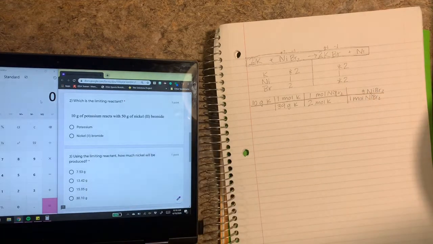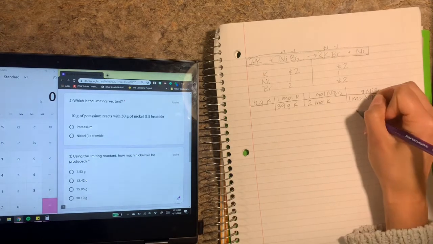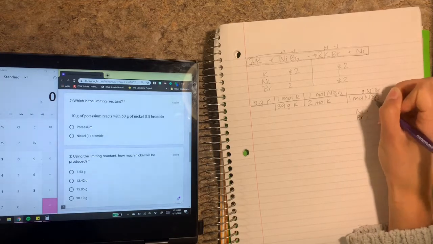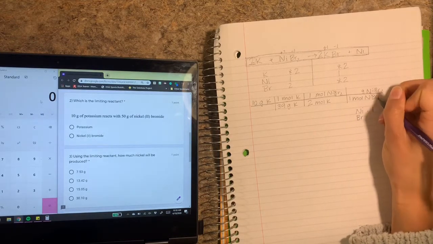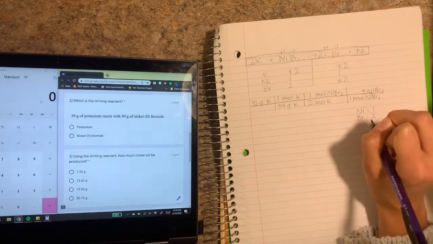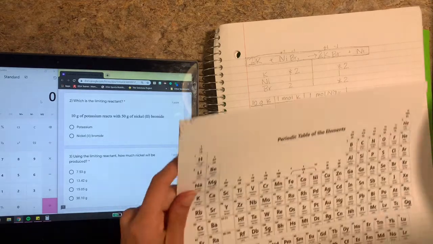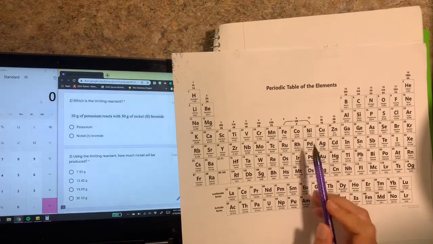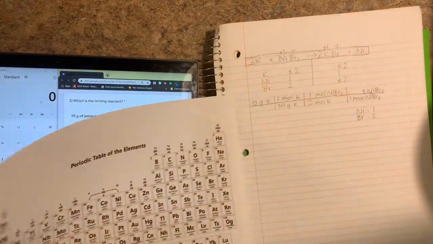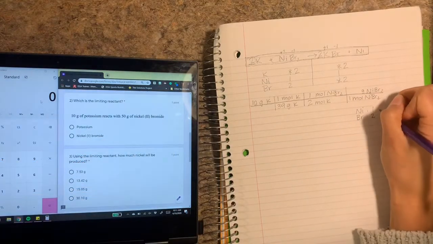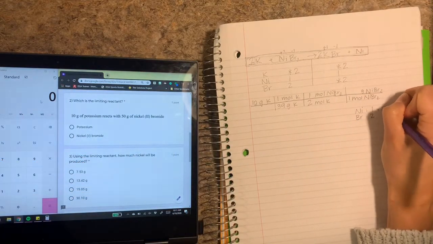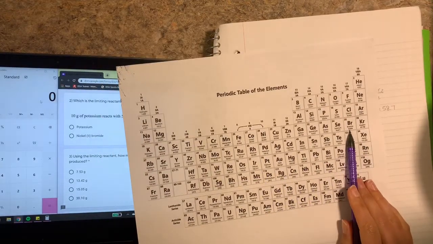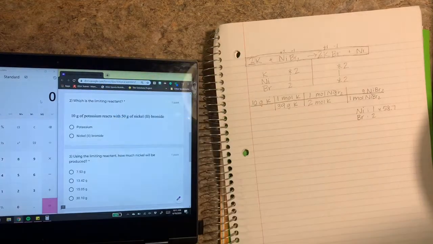Now, nickel bromide contains nickel and also contains bromine. We have 1 nickel and we have 2 bromine. Now, nickel, if we look on the periodic table, is 58.7 grams, and I'm actually going to keep it at 58.7. And then bromine is 79.9, so we'll round that to 80.